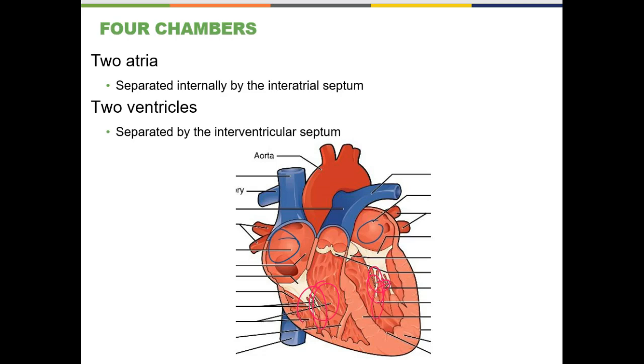I think I need a thicker pen. There we go. Now when I draw, it'll be thicker and easier to see. So basically the way your heart works is that blood comes in the right side of the heart through those 2 blood vessels and then goes into that atrium and then out there to the lungs, and then blood comes back from the lungs.